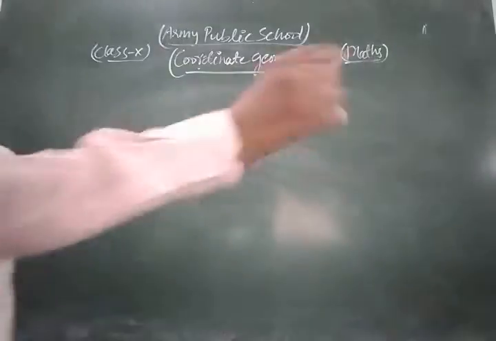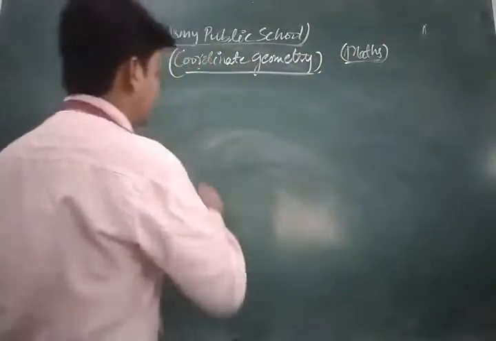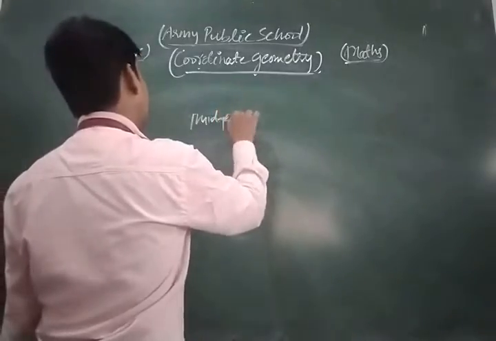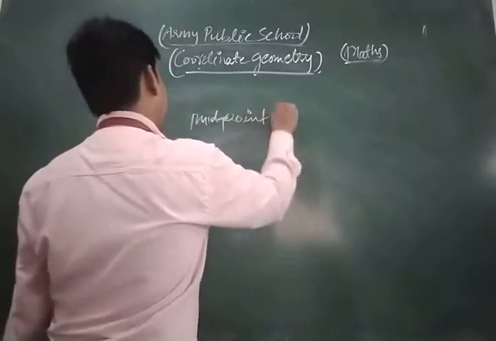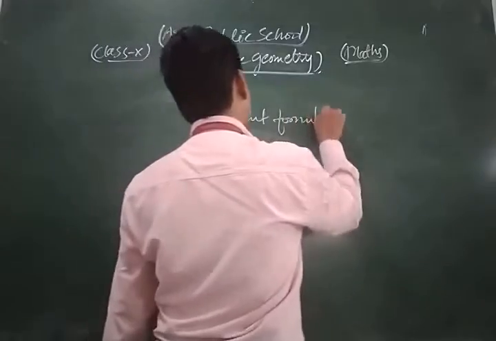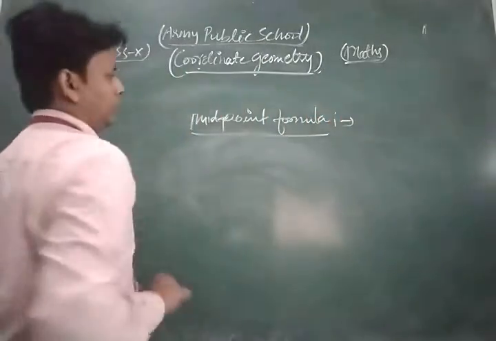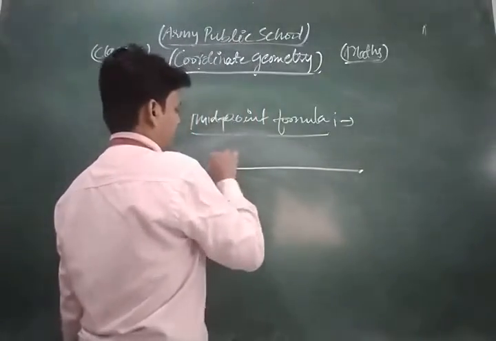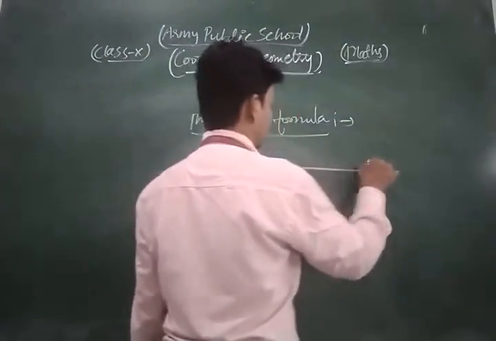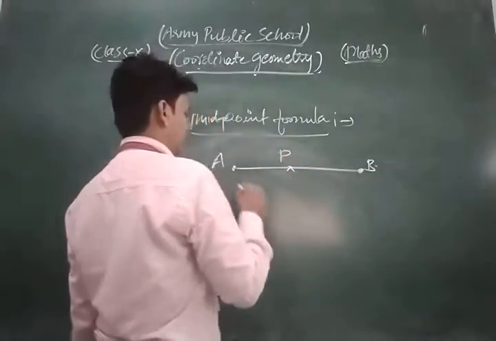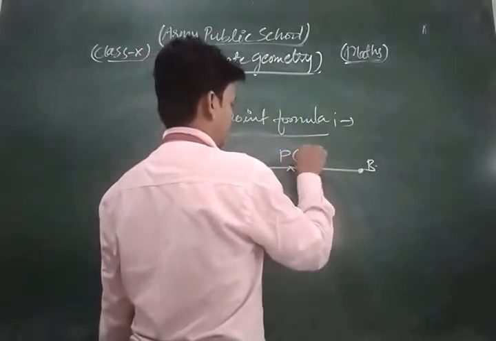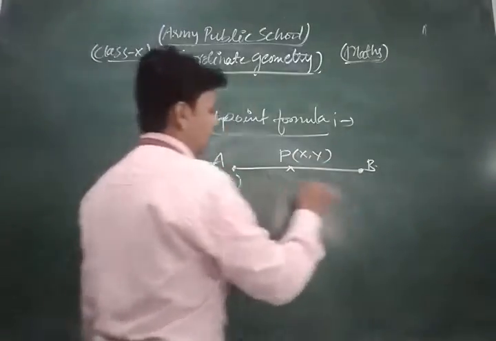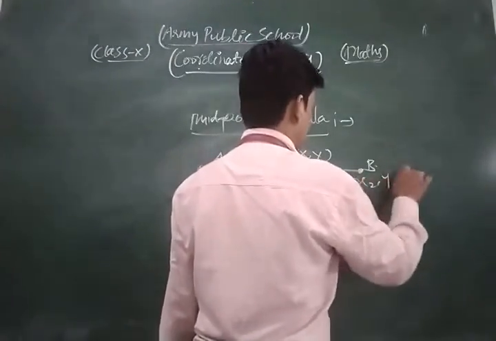And a very important formula also, that is the midpoint formula. In the midpoint formula, dear friends, suppose that AB is a line segment and P is the midpoint of the line segment AB, and its coordinate is x, y, and the coordinates of A and B are x1, y1 and x2, y2.